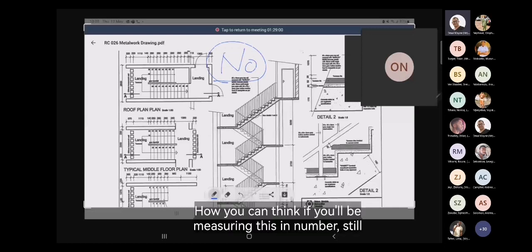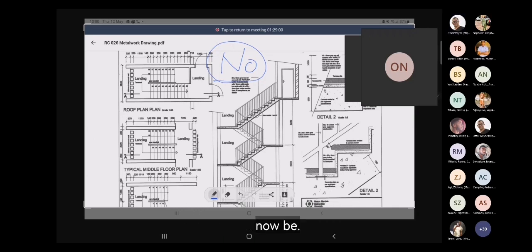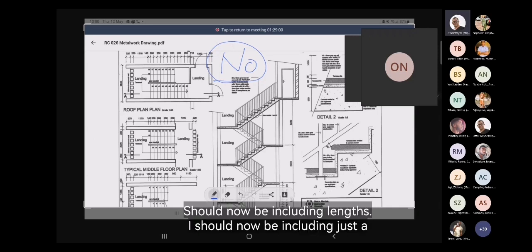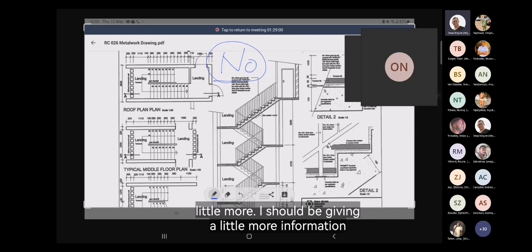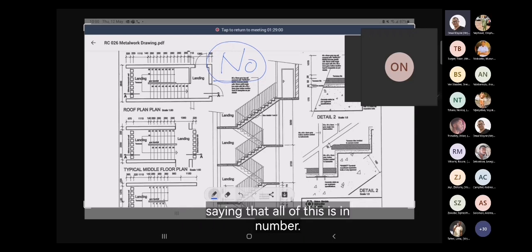Now you can think, if you'll be measuring this in number, still as per the standard system, the extent of our description should now be including just a little more, it should be giving a little more information, because we will now be measuring this in number and we will be saying that all of this is in number 1. There's 1.